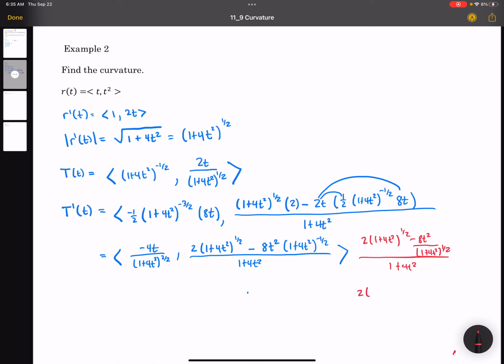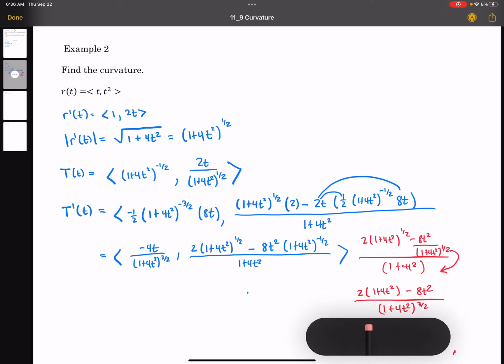That would give us 2 times (1 plus 4t squared) minus 8t squared, all divided by (1 plus 4t squared) to the 3/2 power, because the denominator of the numerator times the actual denominator gives us 3/2 instead, since what's in the denominator is raised to the first power. Further simplifying, we would have 2 plus 8t squared minus 8t squared.